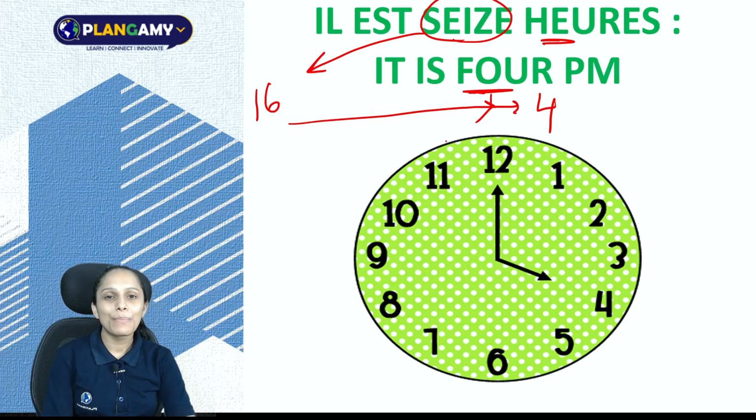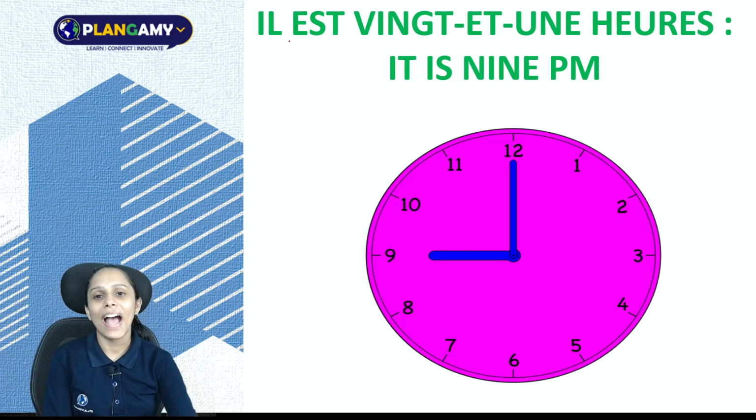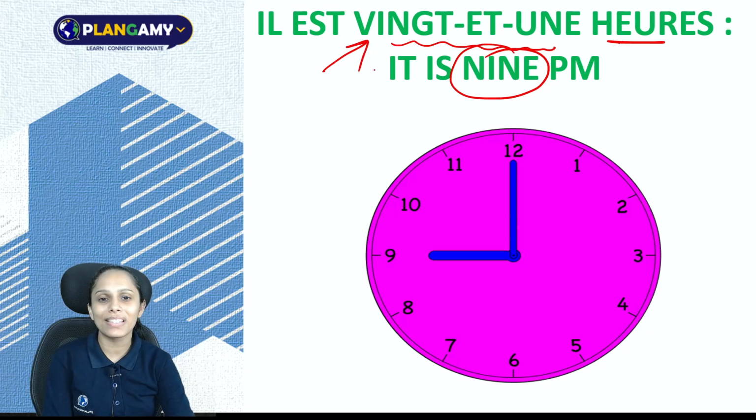Now moving further, we have il est 21 heures. If you want to say it is 9 p.m., you have to use this sentence, il est 21 heures. So it means we are talking about 9 p.m. or 9 in the evening.